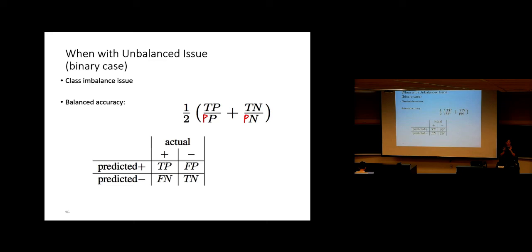When you have unbalanced binary classification, it's extremely important to be aware that accuracy is a bad metric. The reason why it's bad, we can show with an example.